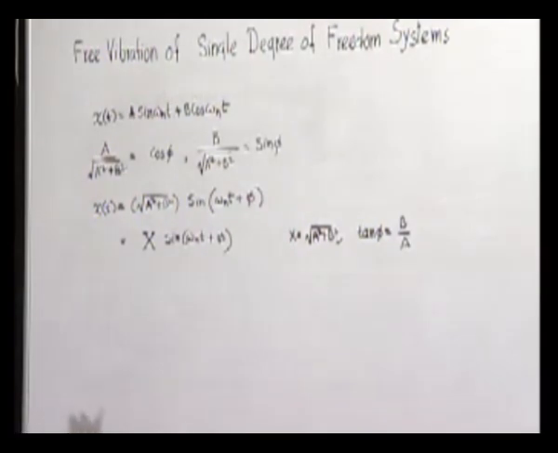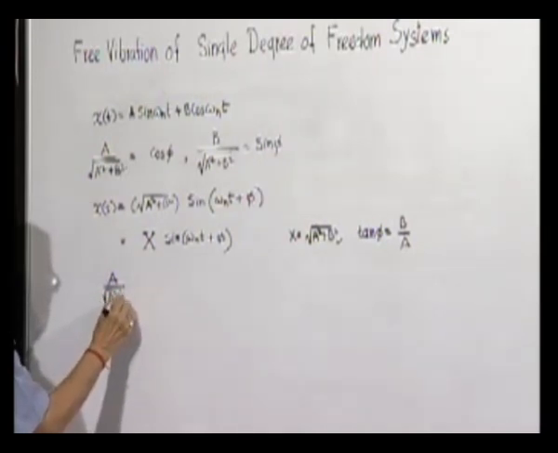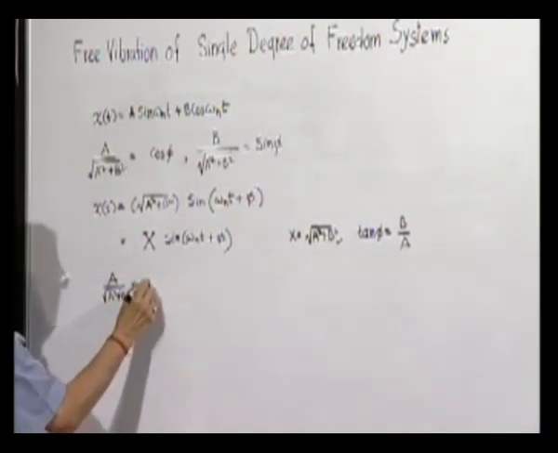We could do it the other way also, all kinds of things are possible. We could write a by square root of a square plus b square is equal to sine psi, for example.